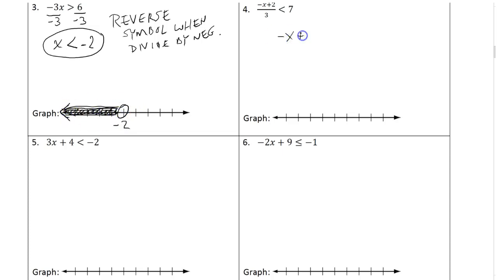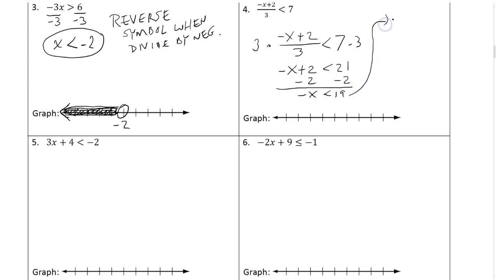In this example, we begin by multiplying by +3. This will not reverse the symbol since we are multiplying by a positive number. This gives us -x plus 2 is less than 21. Then we subtract 2 from both sides. This also does not affect the symbol since we are not multiplying or dividing.